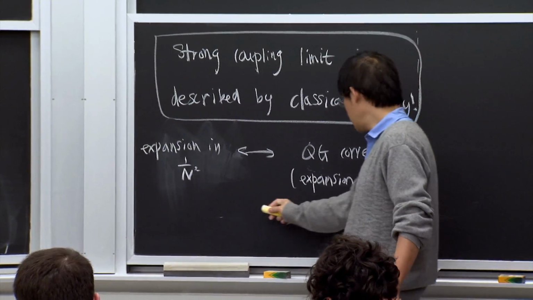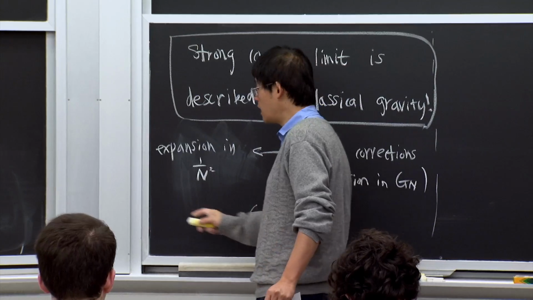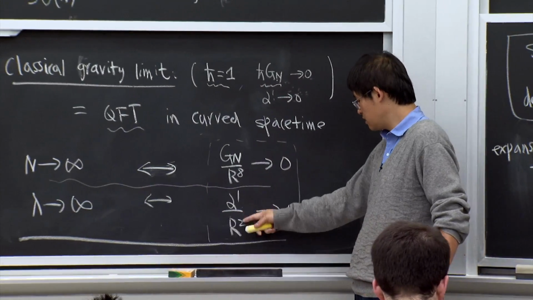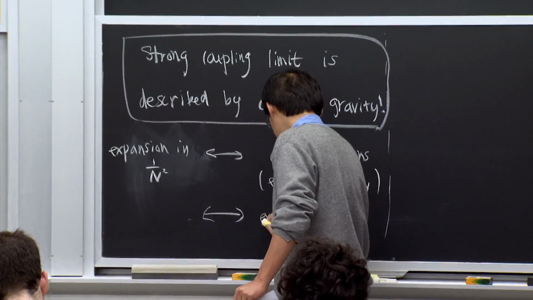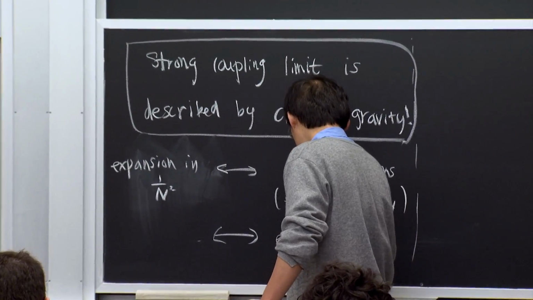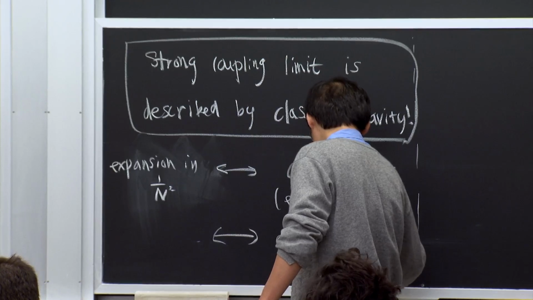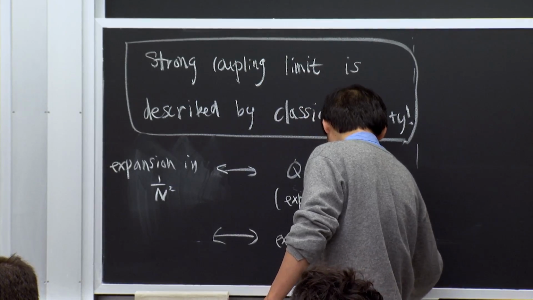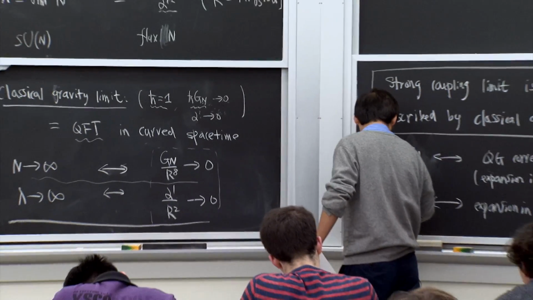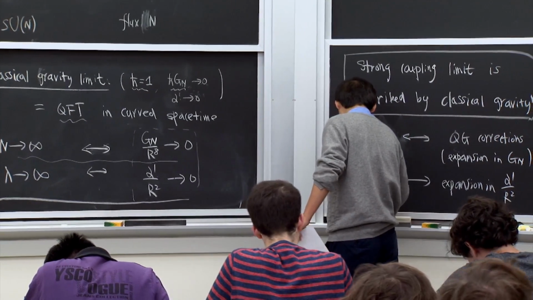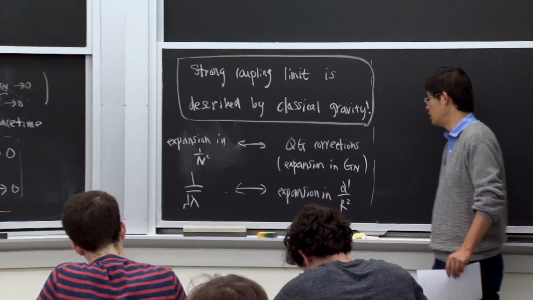So on this side, you can also take into account that the alpha prime is non-zero. Then there are the alpha prime corrections, the expansion in alpha prime. From this relation, that translates into the expansion in 1 over square root lambda.